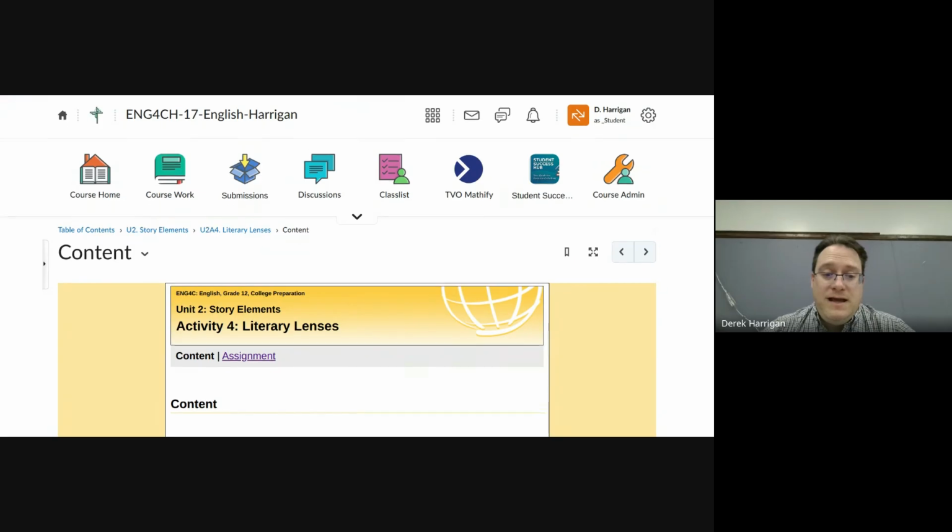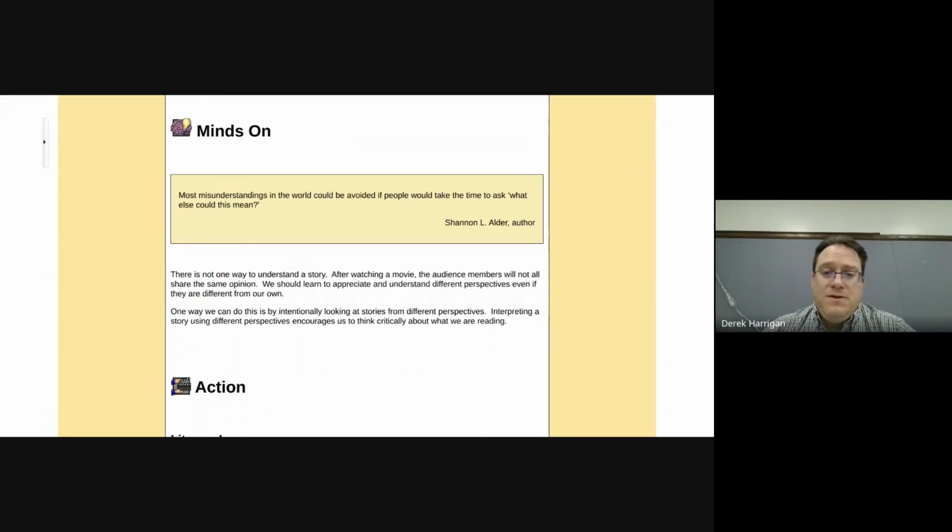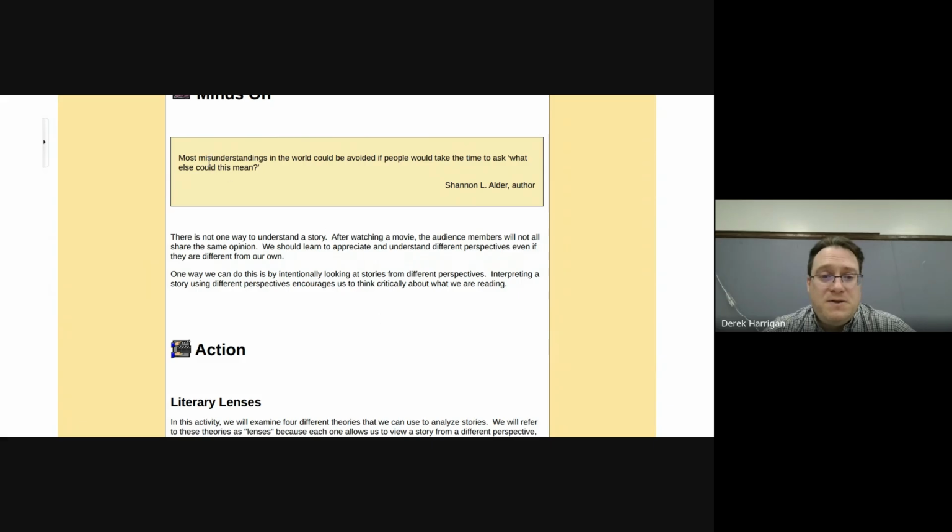In the activity, you'll see that it starts with hopefully a thought-provoking quote, and it starts with trying to set up the idea that when different people read a story or watch a movie, they will have different interpretations.